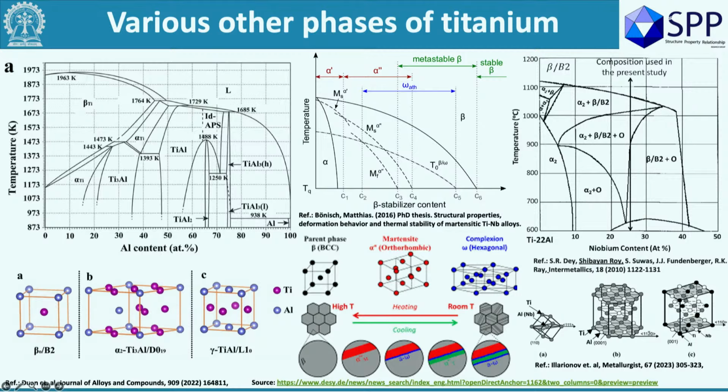Other than that, there is a ternary system which is of importance, the titanium aluminum niobium system. That also forms specialized phases like ordered B2, a BCC phase. It also forms something called an orthorhombic phase. All of these are very interesting, but extremely difficult to understand and work with. We haven't touched them till now, maybe some other time.